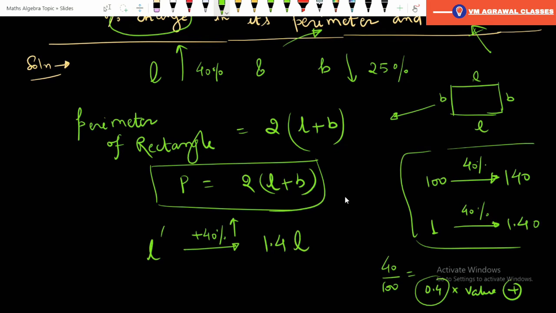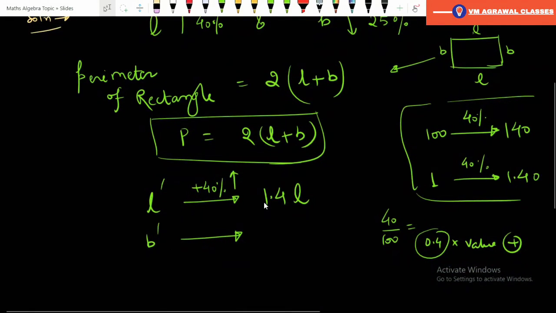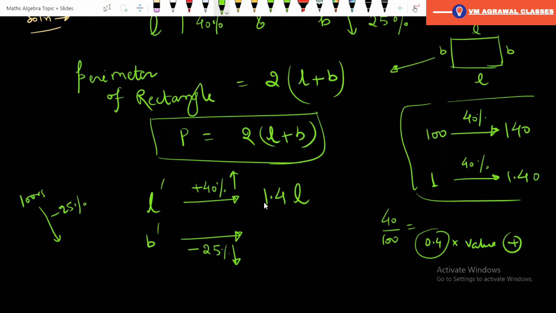1.4 L. And B dash is the new breadth. See here, it is decreased by 25 percentage. Suppose earlier it was 100 rupees and now it is decreased by 25 percentage, it means the value will be 25 rupees lesser, so it will be 75 rupees.